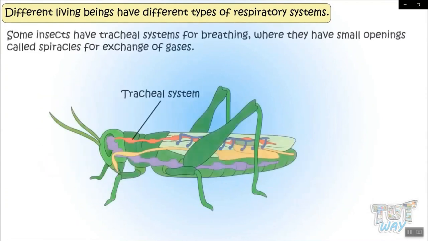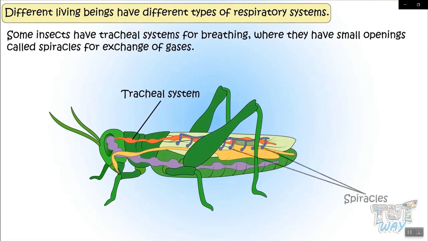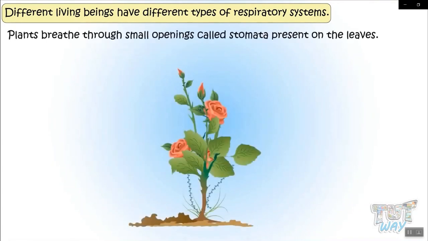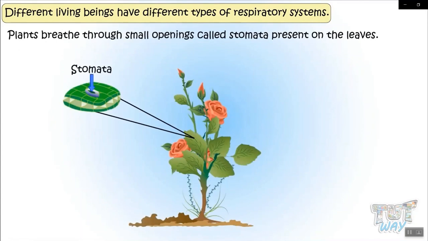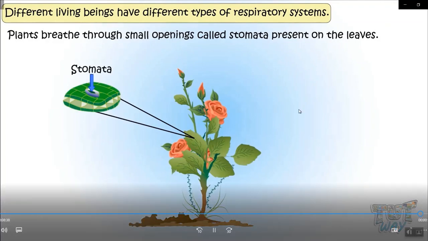Some insects have tracheal systems for breathing, as they have small openings called spiracles for exchange of gases. Even plants breathe, and that is through small openings called stomata, present on the leaves. So kids, all living organisms breathe, and there are different types of systems for their breathing.